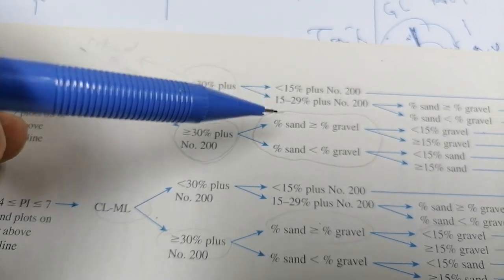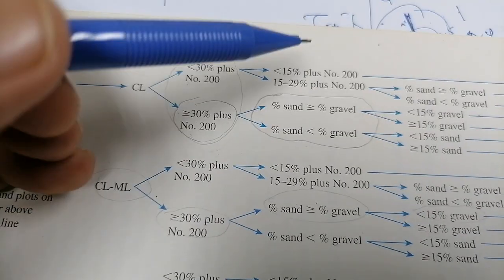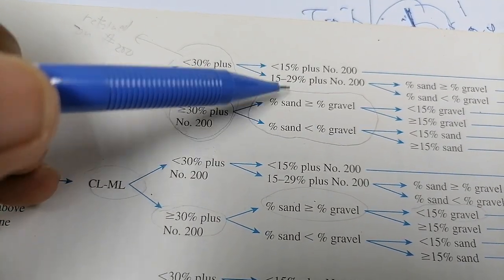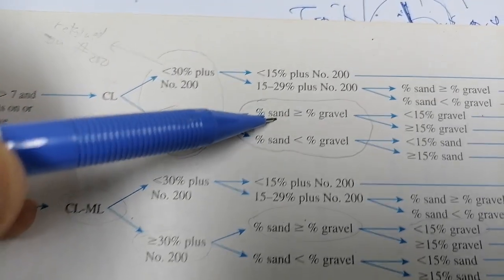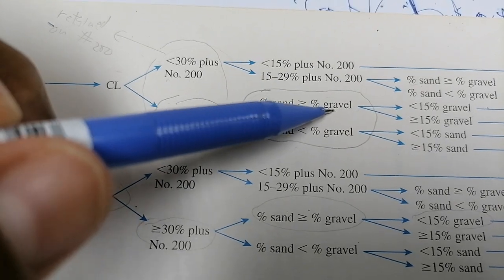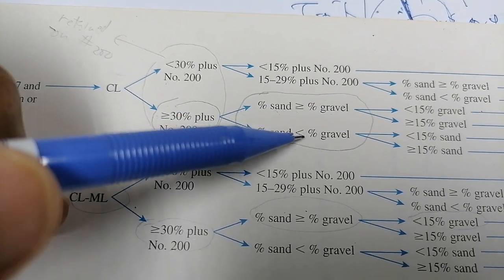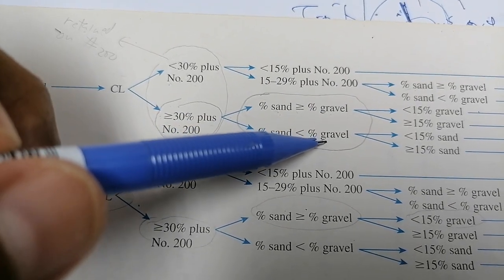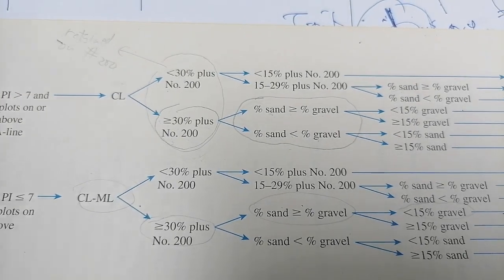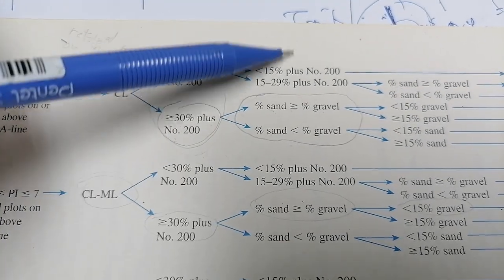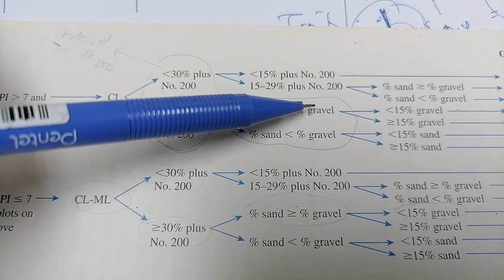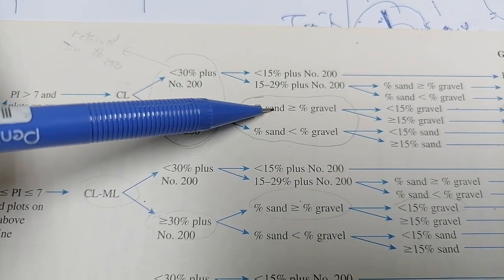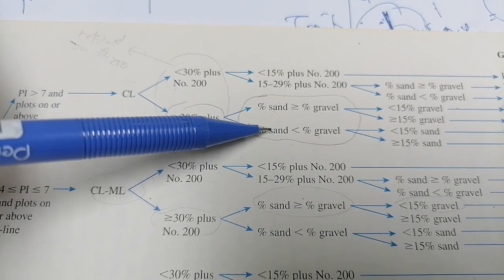Okay, so now we want to know whether our soil tadi, is it sand bigger than gravel or sand smaller than gravel. How to calculate this? Actually, the information on how to calculate sand, how to know the gravel fraction or sand fraction, it is in one of the slides.